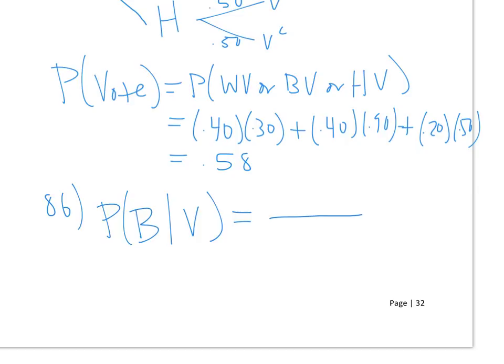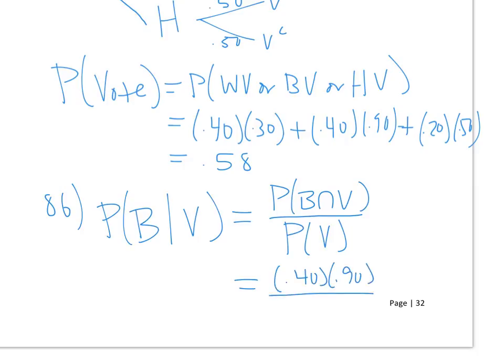So using the conditional probability formula, the numerator gets B intersected with V, the denominator gets P of V. B intersected with V is 0.40 times 0.90. The probability of V we just calculated to be 0.58.